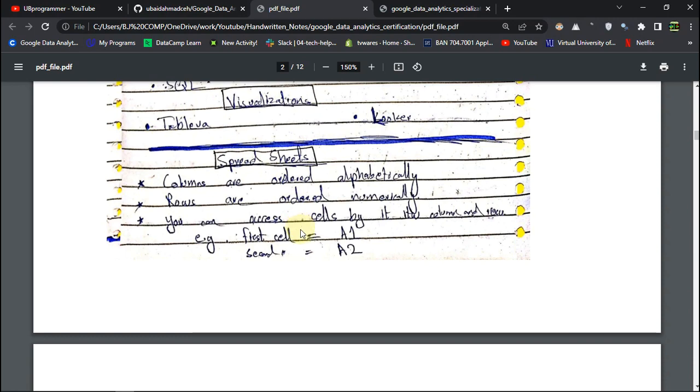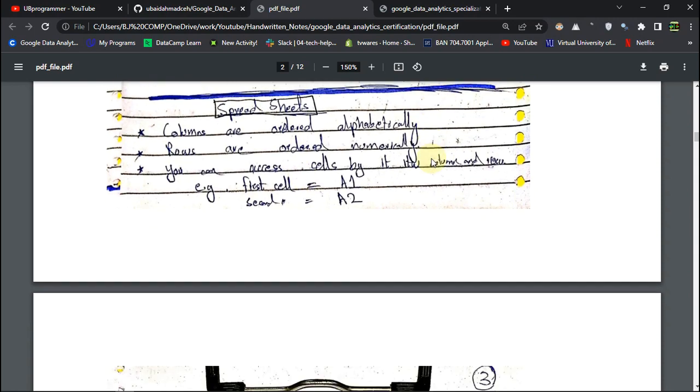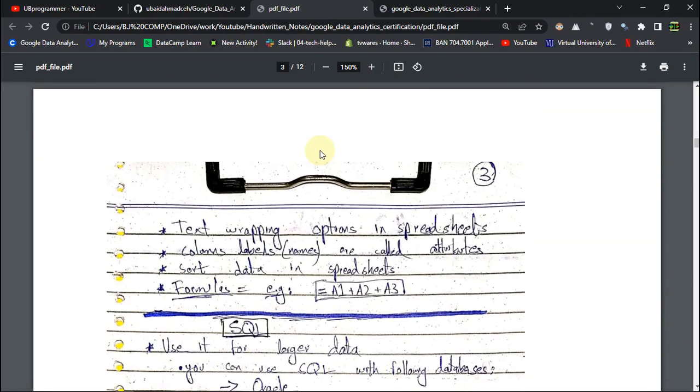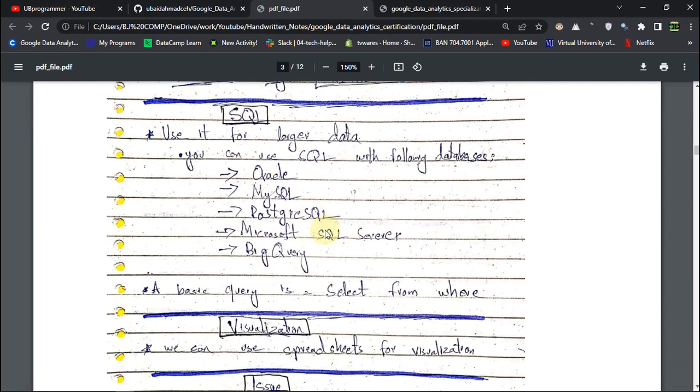Tools don't matter a lot, but your knowledge and concepts are really important in the working environment, right? So a little explanation for spreadsheets and for SQL.